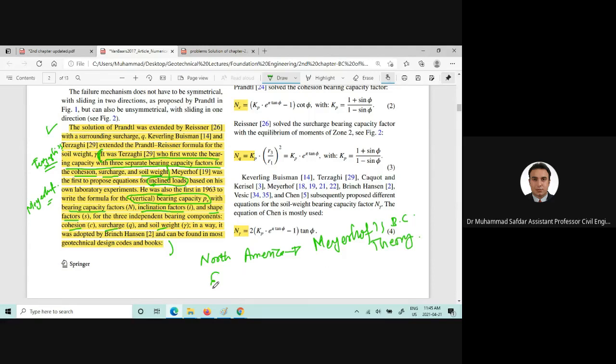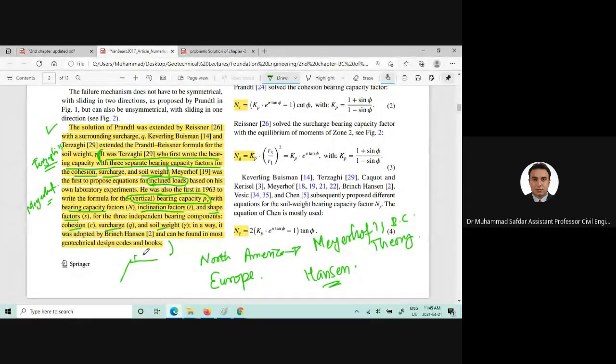However, in Europe, people use the Hansen equation, the lengthier equation which we discussed a few minutes earlier. That equation is also known as the Hansen equation, because Hansen proposed the slope angle.